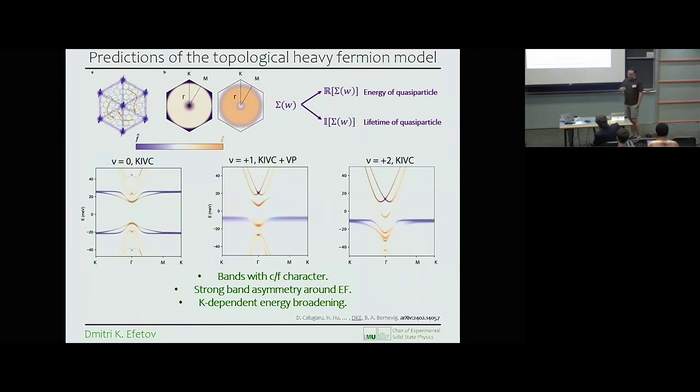This is exactly in line with what you're observing: the charge neutrality point has a very symmetric mass symmetry between electron-hole excitations, which is not present here at filling factor 1 or filling factor 2.